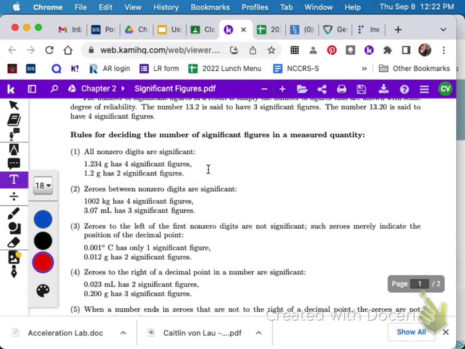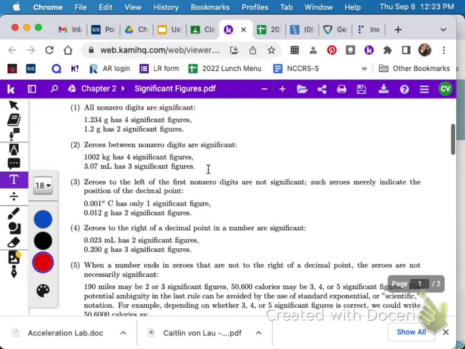But if it comes after, like in 0.200, we assume that they have measured out to that place and found a value of 0, so they are significant. So you can see why it's important not to just leave placeholder zeros on the ends of things. Because what you're telling another scientist is, I measured it and I know those are 0. Okay?